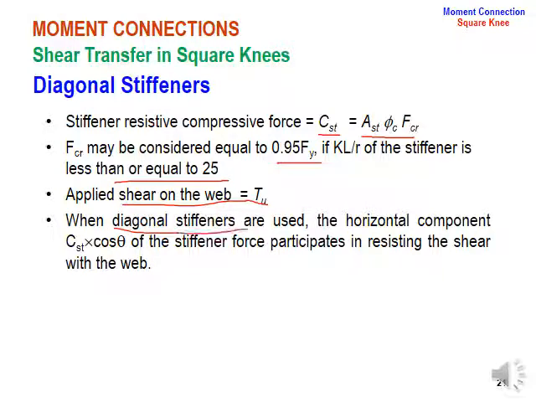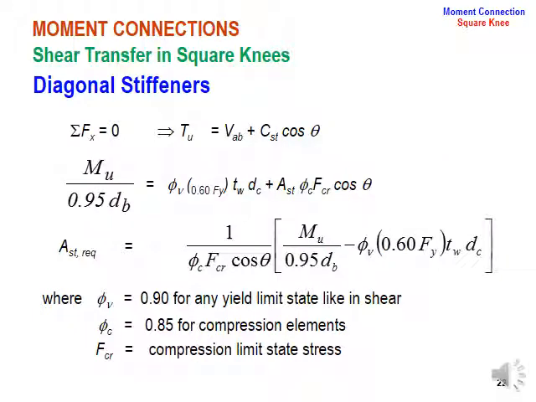When diagonal stiffeners are used, the horizontal component CST cos theta of the stiffener force participates in resisting the shear within the web, in the same direction as your VU, your capacity. So TU will be equal to VAB plus CST cos theta, where VAB is the nominal shear capacity, phi V 0.60 Fy TW DC, which we have discussed earlier.